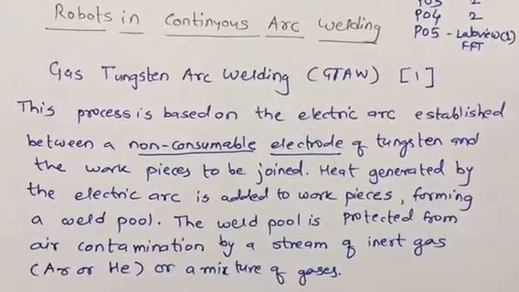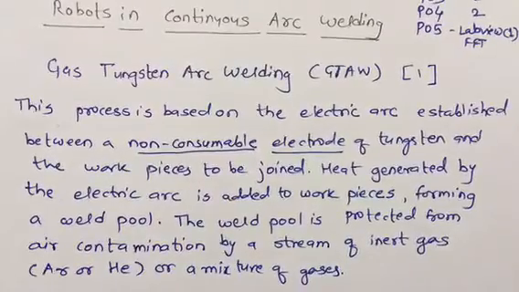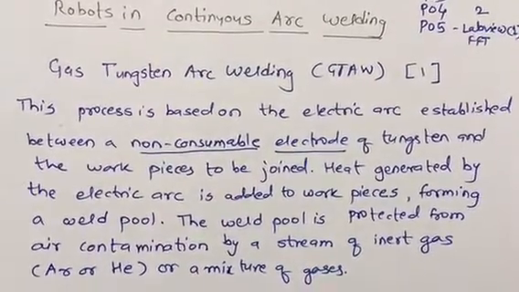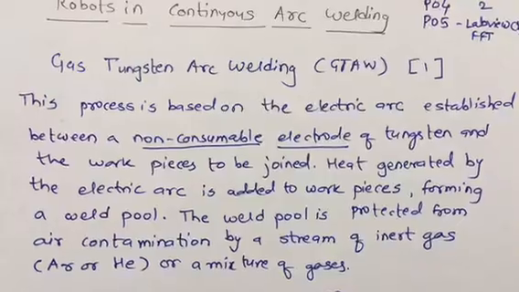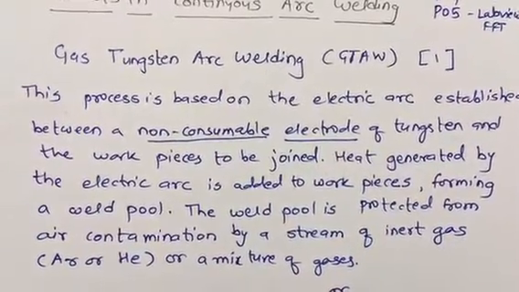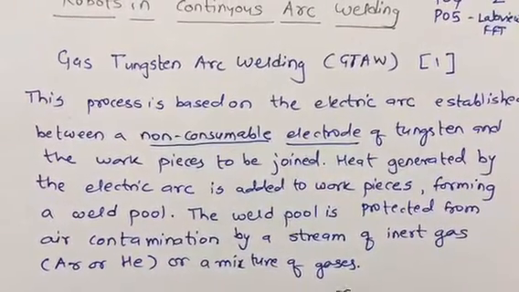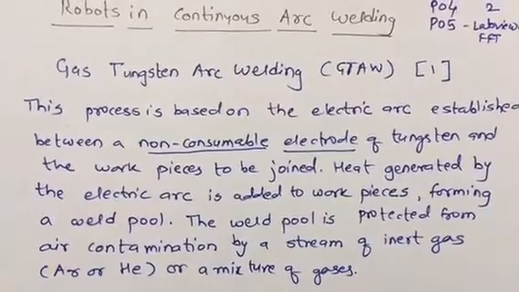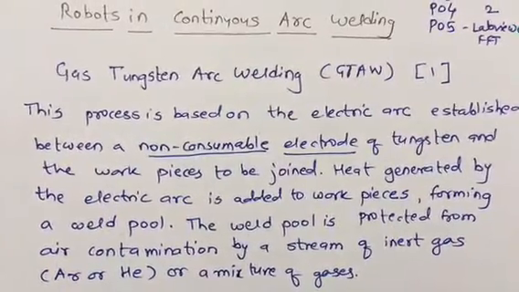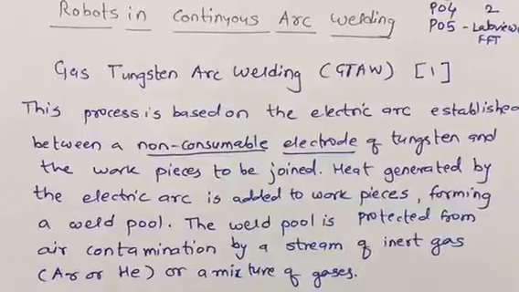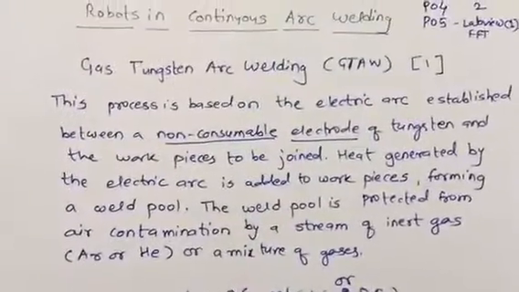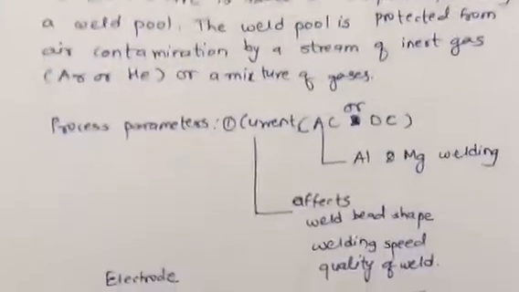Heat generated by the electric arc is added to workpieces, forming a weld pool. The weld pool is protected from air contamination by a stream of inert gas, that is argon or helium, or a mixture of gases. So that is in general about gas tungsten arc welding.